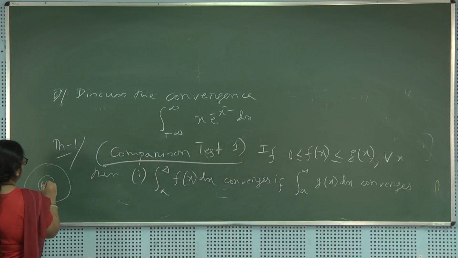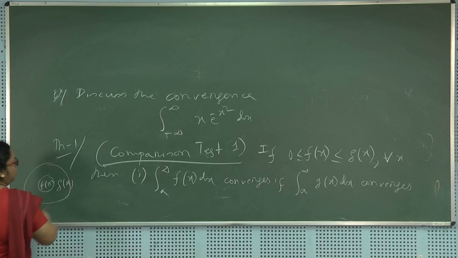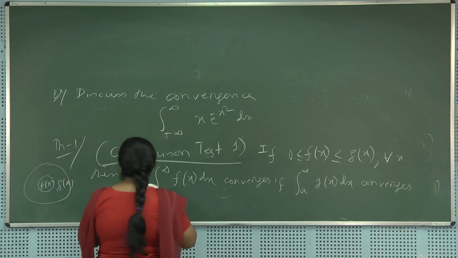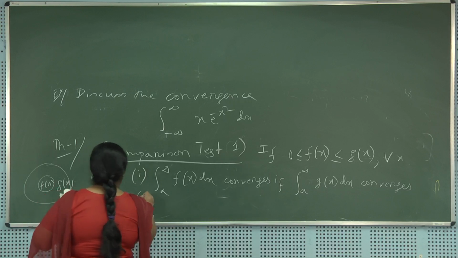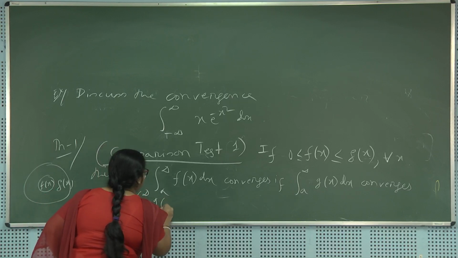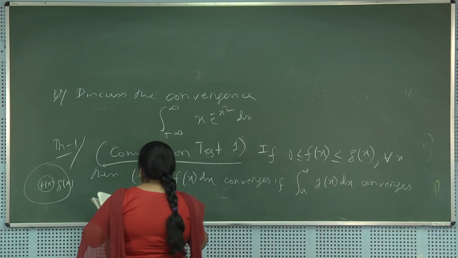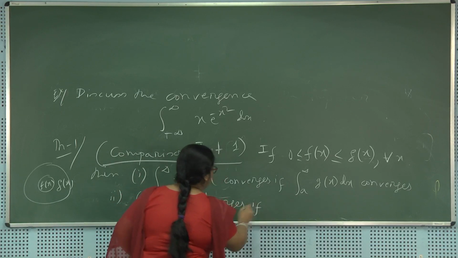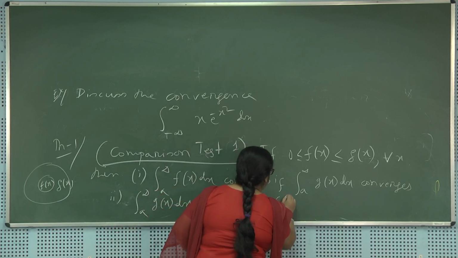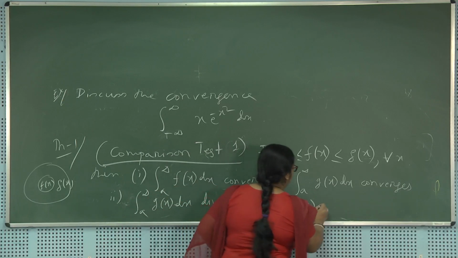So, it is f(x) and g(x). So, if the bigger one converges, then the smaller one has to converge. And for divergence, if the smaller one diverges, then the bigger one will automatically diverge. So, to write it, the integral a to infinity g(x) dx diverges if the smaller integral, that is the integral a to infinity f(x) dx, diverges.